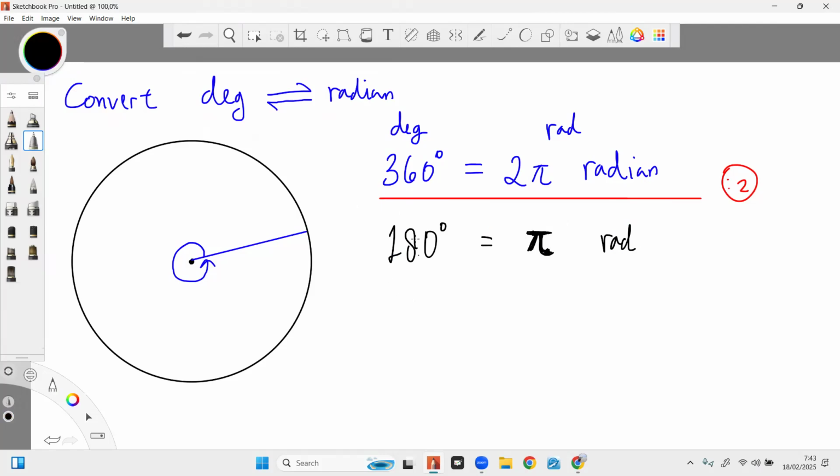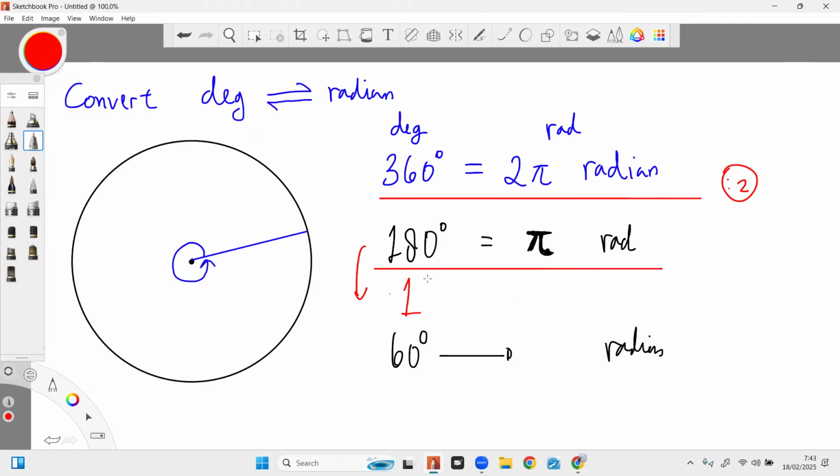Then, how do you convert, let's say, 60 degree to radian? So 60 degree equals to, remember the rule. I always teach in the same way. Put 1 first, right? It's rational, right? So 180 to 1, you divide by 180, right? And then you multiply by 60.